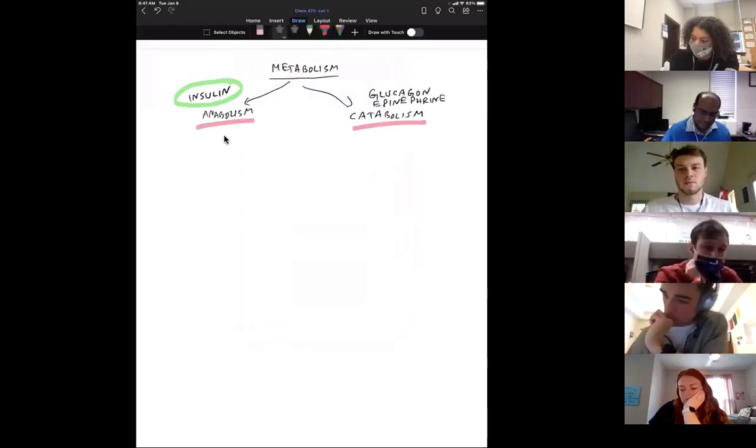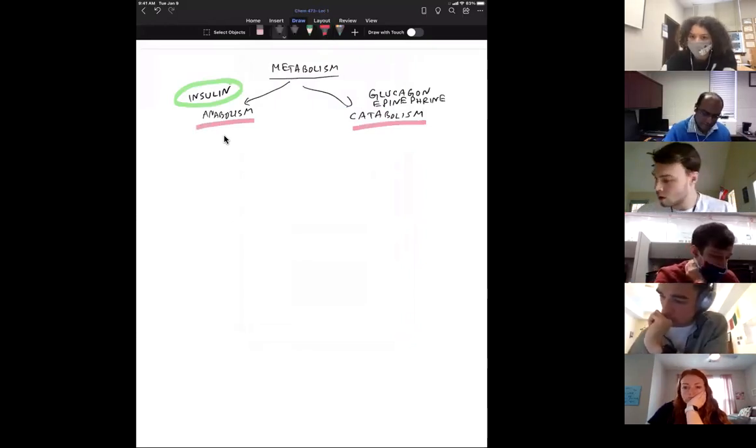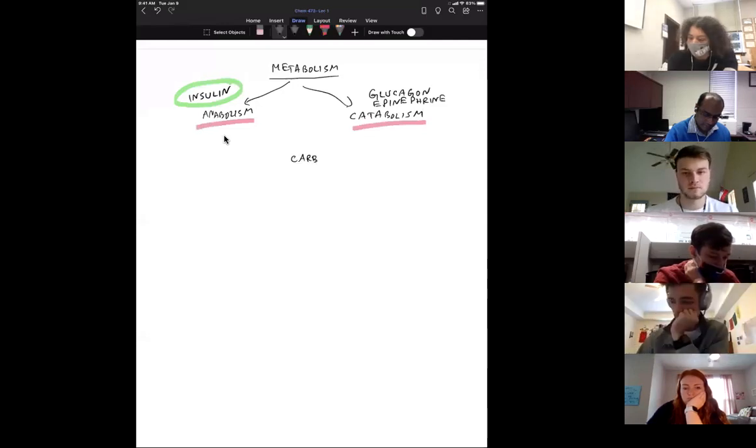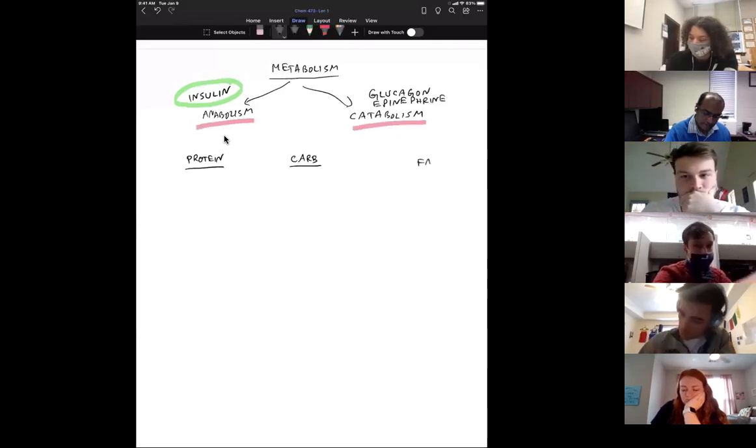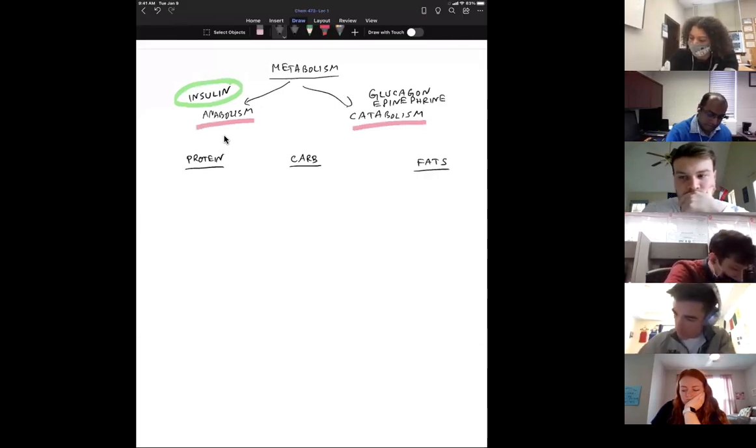So basically, the food we eat: we eat carb, we also eat protein, and we eat fat. As I said, everything is going to be revolving around these three types of food in this semester.